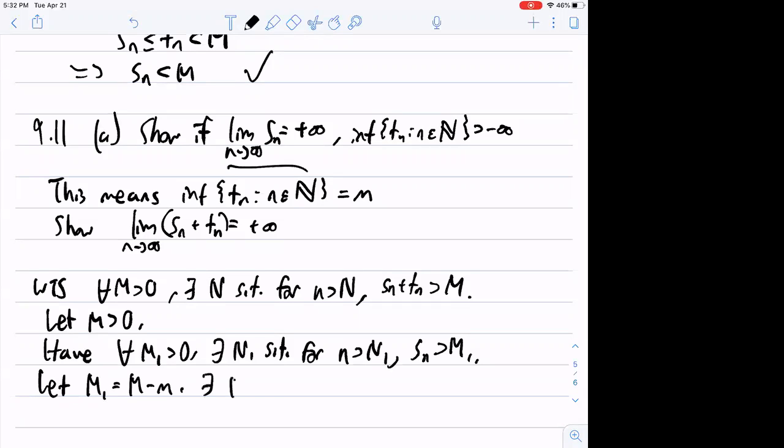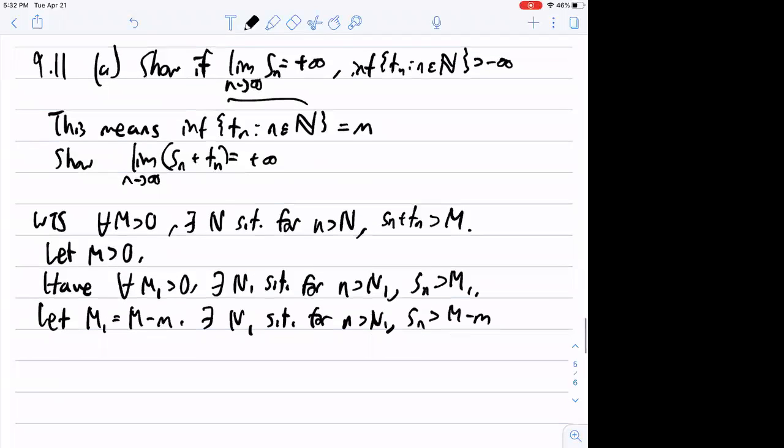First off, there exists n1 such that for n bigger than n1, Sn is bigger than m minus m. Let N equal n1. Then for n bigger than n1, which is equal to N, this is true.